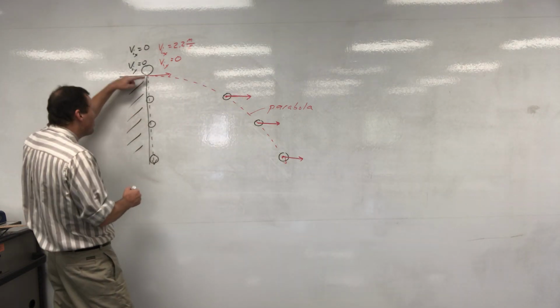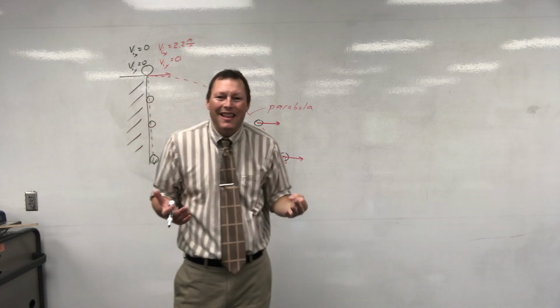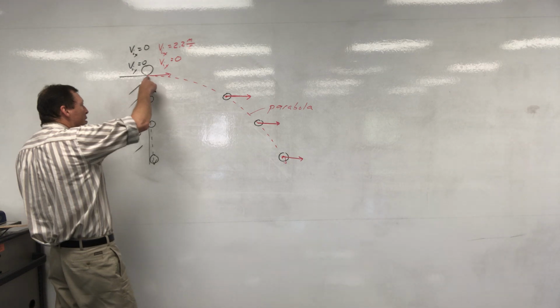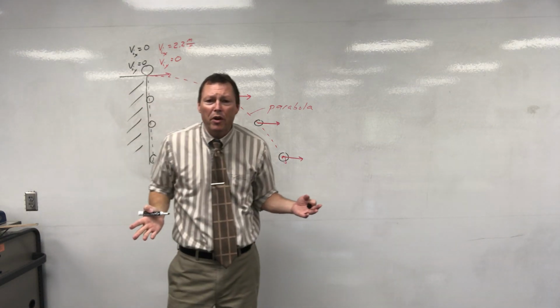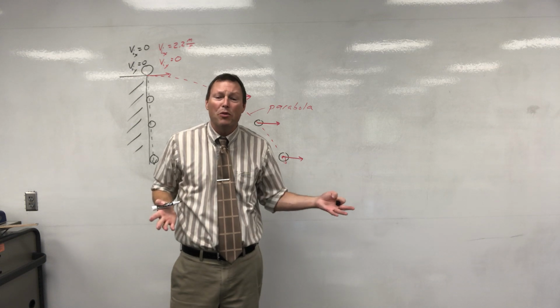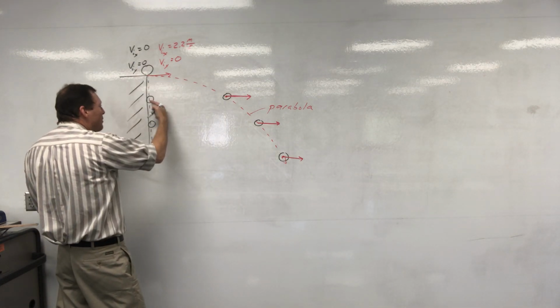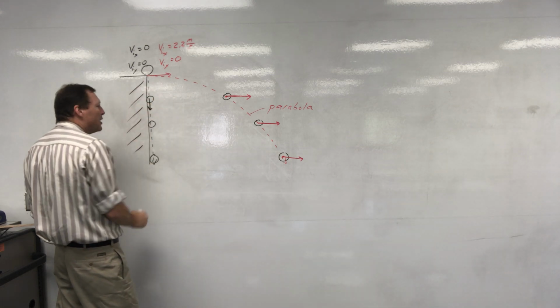So I'm going to draw a downward arrow to represent the downward velocity. Now this is where both spheres start, so no downward arrow because vertically they both started from rest. And then after gravity begins to accelerate them, they got a little bit of vertical velocity.